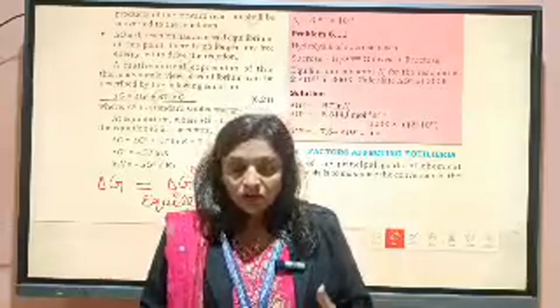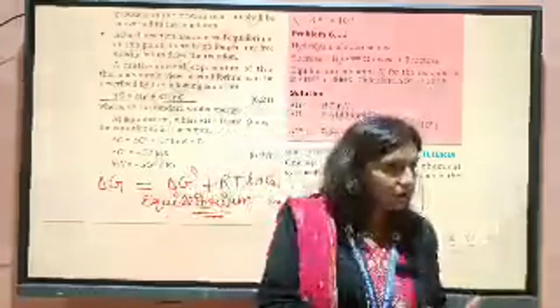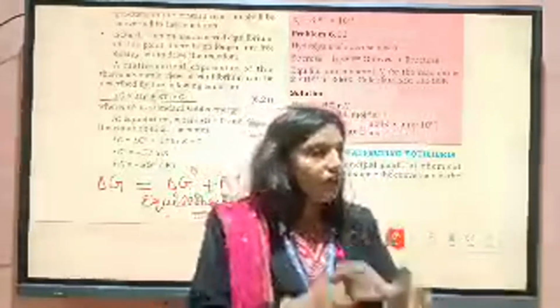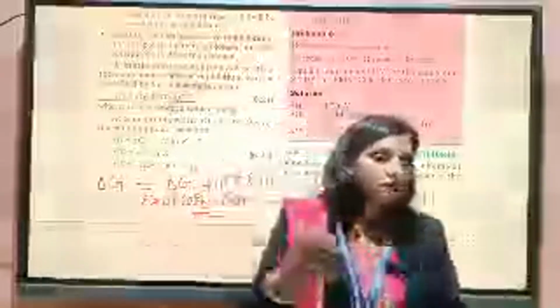If our process is endothermic, means we are providing heat to the system, we are providing energy. So here heat energy is working as a reactant. And in an exothermic system in which heat is produced, energy is produced, here we will write heat inside the product.